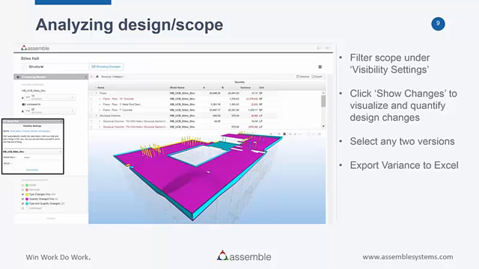You can isolate scope by any Revit property that's out there, and that could vary from category to family type to level, location. Essentially, you can shrink down the scope to what you want to see and analyze. In this instance, I'm showing just the roof level, trying to understand what happened to roofs since we saw it last time.